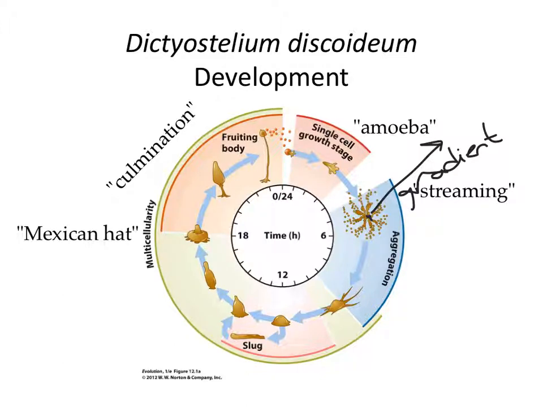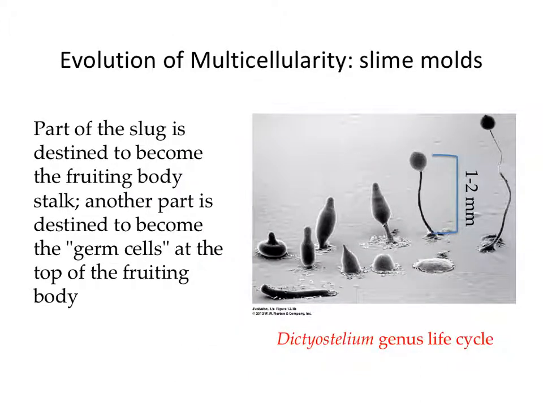So if you can't have your own kids, maybe it's beneficial to help your close relatives succeed. So that's the concept of kin selection. And that is possibly what's going on here. That's one way to argue for some cells to convince some cells to become somatic cells and others to be gametes.